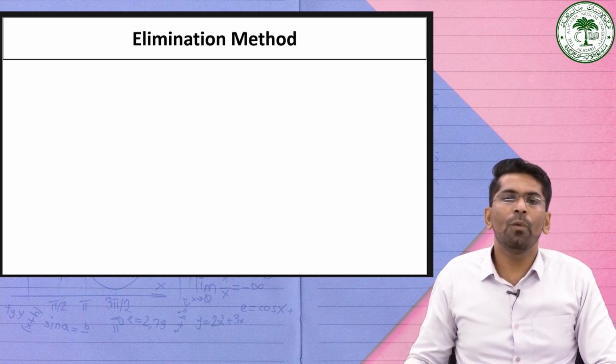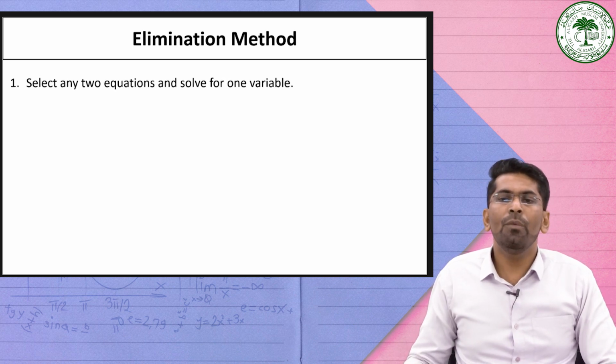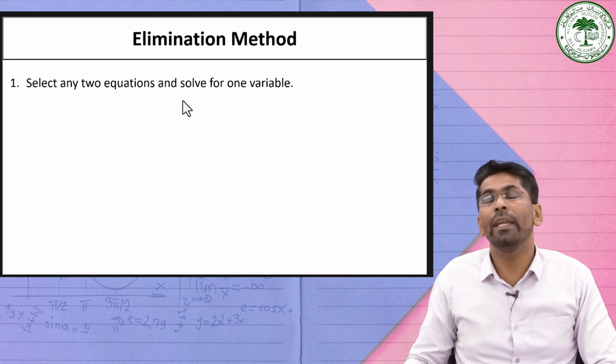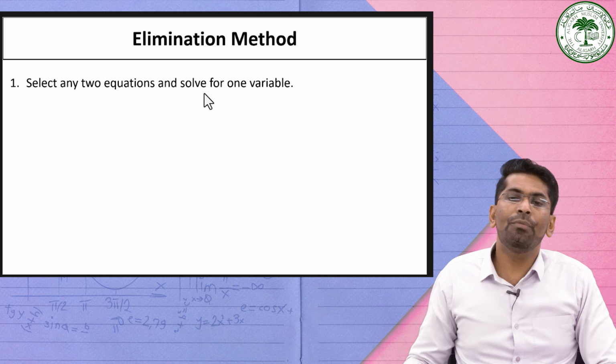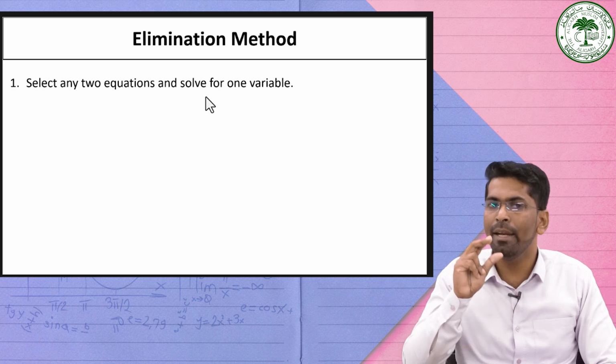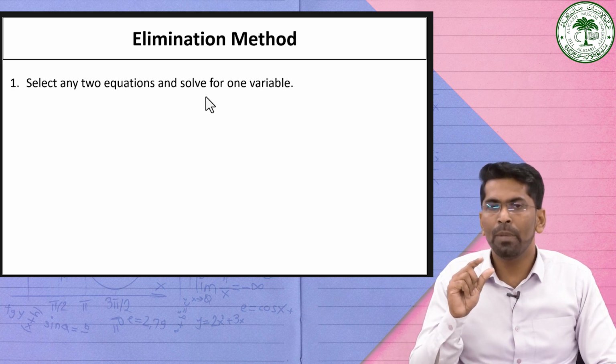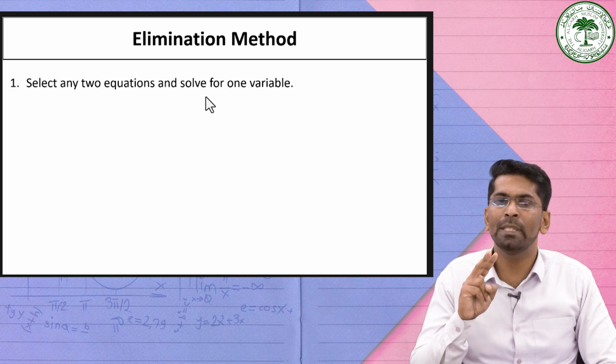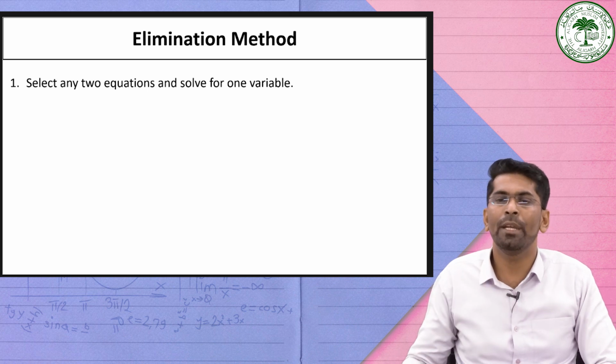In this case, what do we want to do? First, we select any two equations from the given three equations and solve for any one of the variables. So with the given three equations, we have to select a pair. One pair, that is two equations, can be selected and solved for one variable.